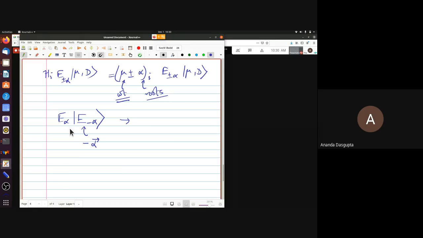It shifts by alpha. So what happens to that? It becomes 0. But 0 means what? It should have a root of 0, which means it should be something on which hi's action gives you 0.